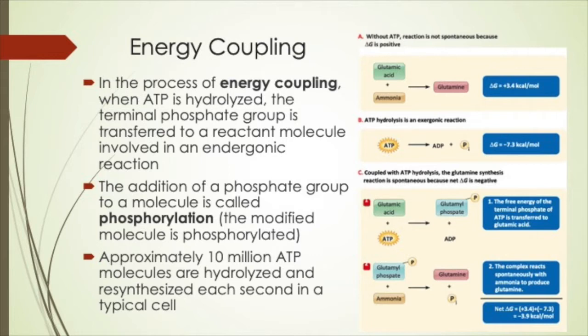So this is phosphorylation. Any type of phosphate group added to a molecule is called phosphorylation. This is happening when energy coupling is occurring. So you have ATP coupling onto a molecule. That's called phosphorylation, and then something else is happening at the same time.